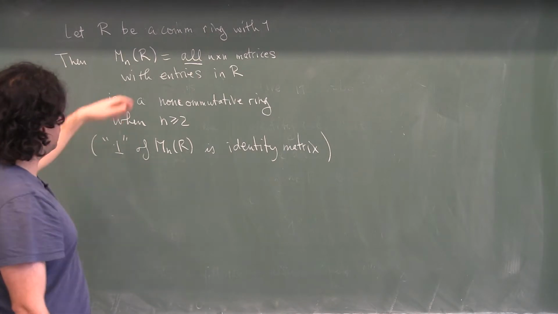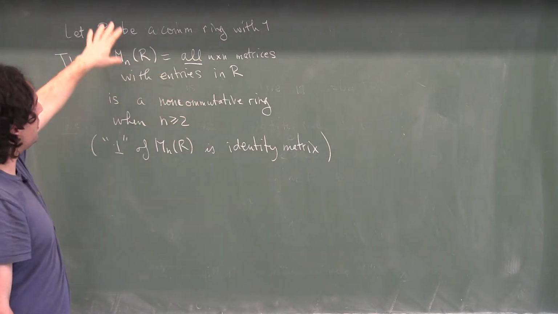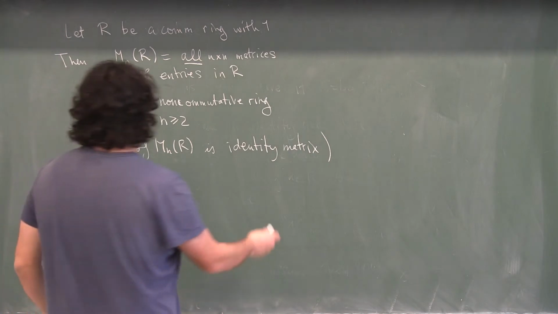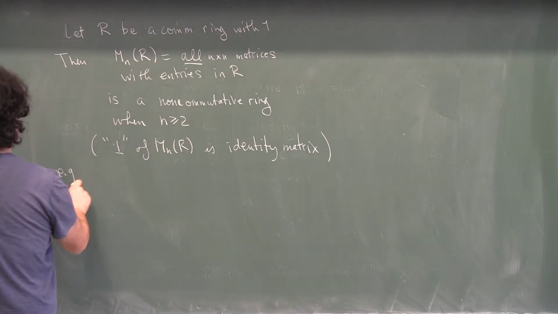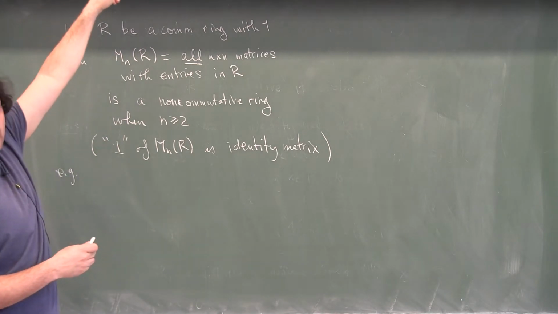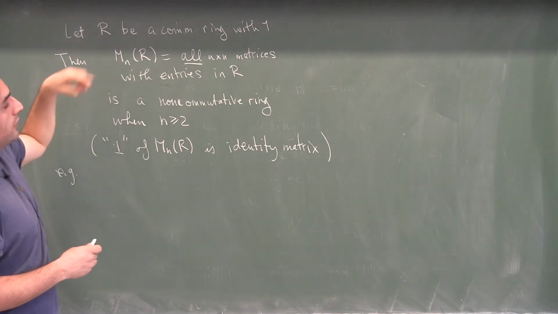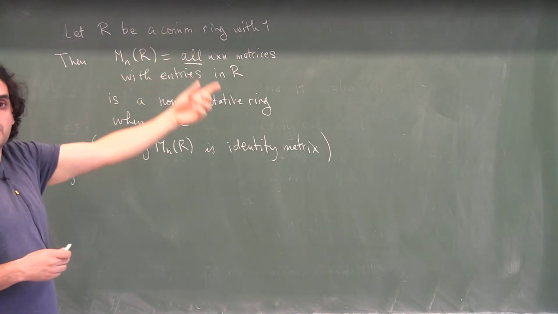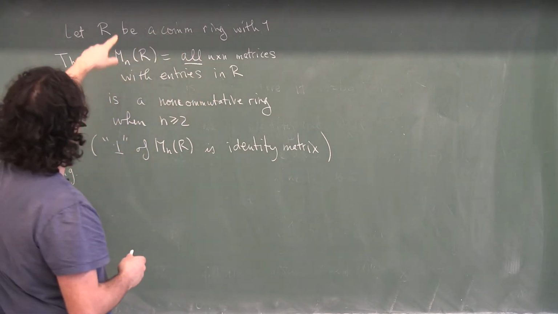This also gives us a lot of concrete examples. Like the polynomial ring construction, you put in a ring and it gives you a new ring, n by n matrices.